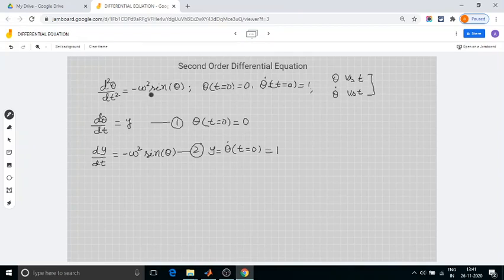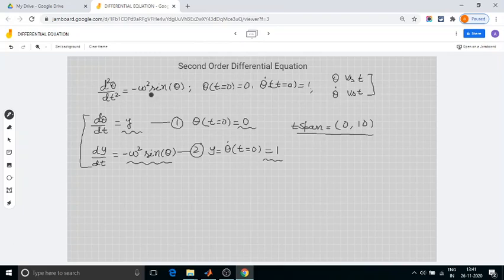So now you have two simultaneous differential equations having two functions, with two initial values, and the next one is the t span. Again you say the t span, you want to see the solution from 0 to say 10. So now you have all the values.